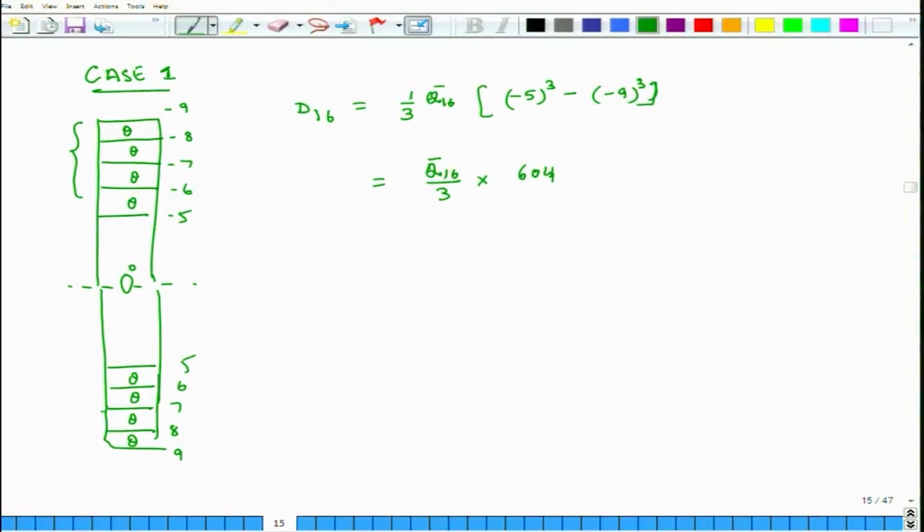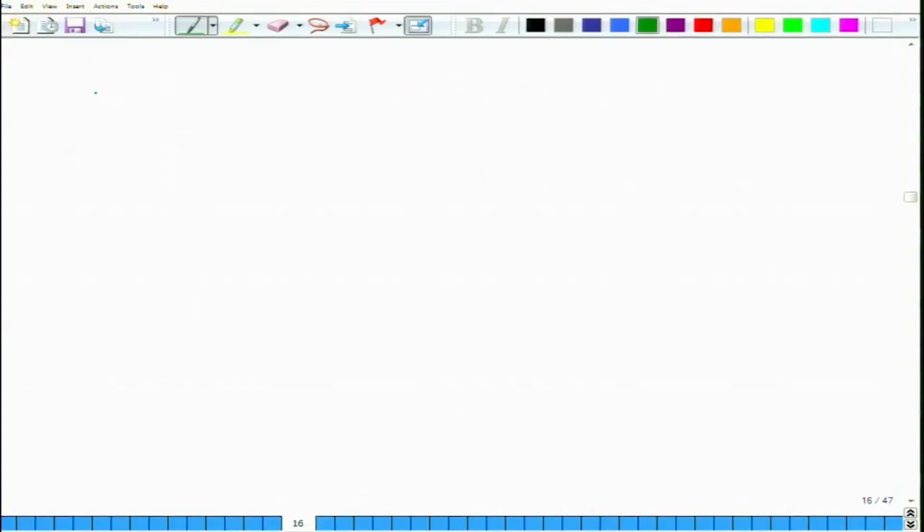Next, what we do is we have the same layers, but we change some thetas with minus thetas. So, in the second case, this is case 2. So, we have theta, minus theta, theta and minus theta, and we are only going to compute the contribution from the top half.